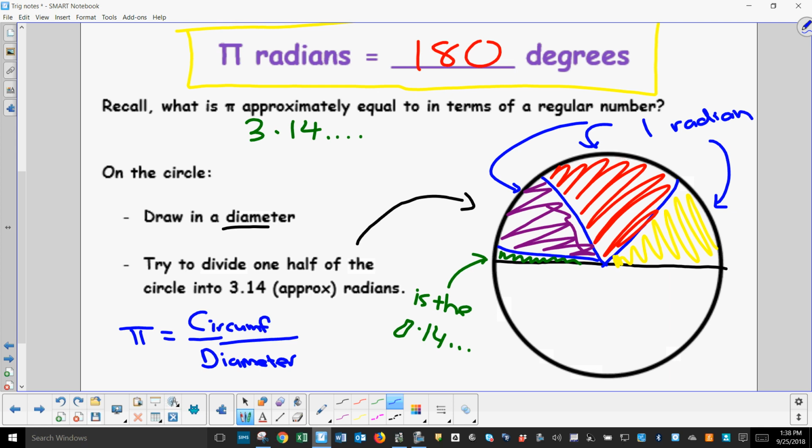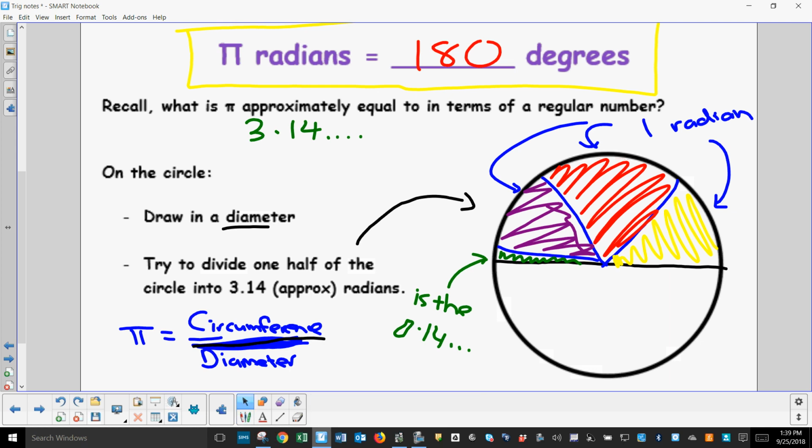Just trying to point out why radians are considered a bit more mathematically good to use than degrees. It's because they deal with the number pi. We kind of tend to talk of radians as being in terms of the number pi. And pi has a special connection to a circle because pi is the circumference of any circle divided by its diameter. So that's the only reason why mathematically radians are considered the better way to measure angles.